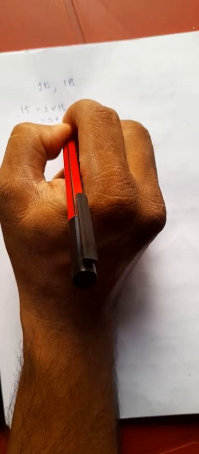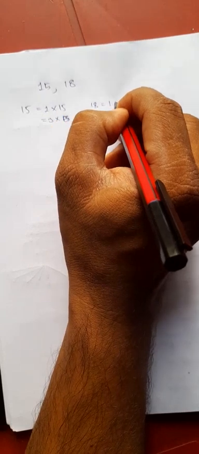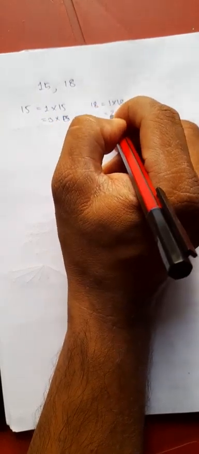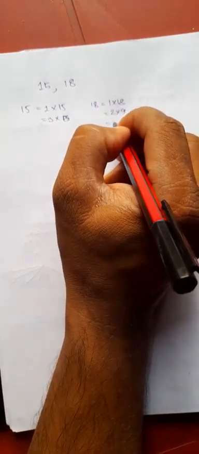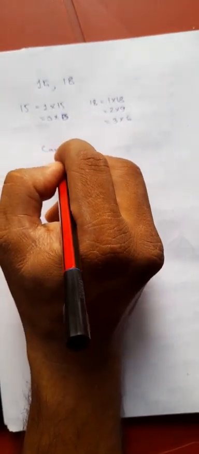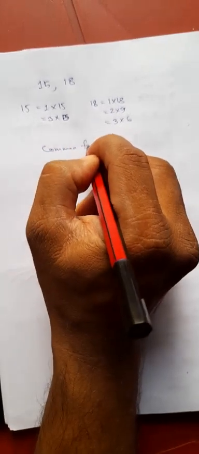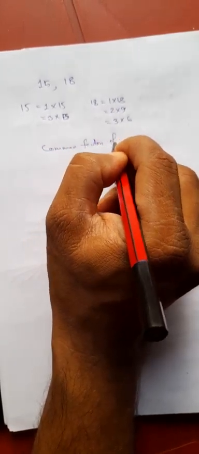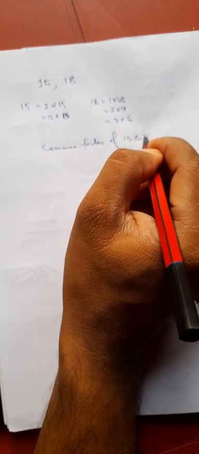Now let us check whether 15 and 18 are co-prime. Find the factors of 15: 1 multiplied by 15, 3 multiplied by 5. Factors of 18: 1 eighteen is 18, 2 nines are 18 and 3 sixes are 18.